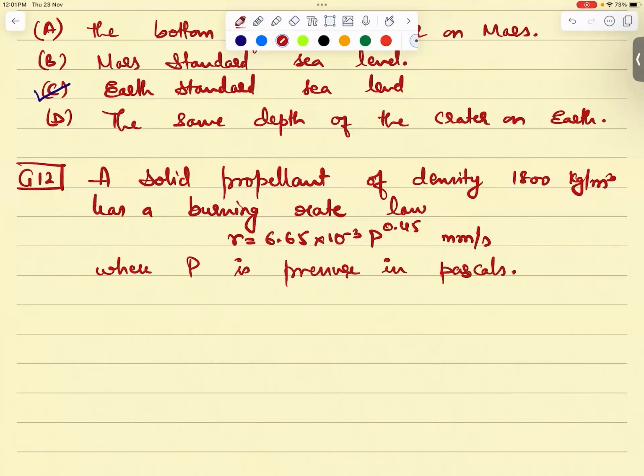Full stop. It is used in a rocket motor.